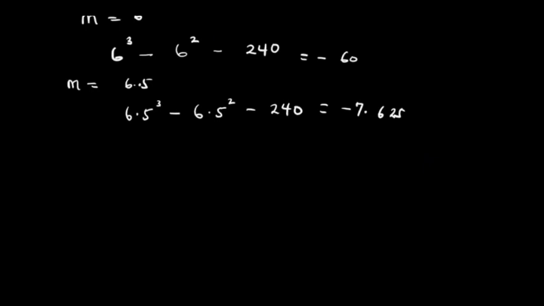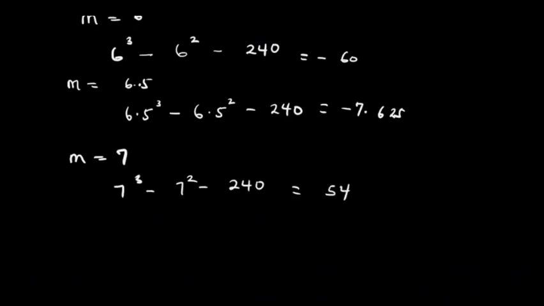Then we'll also take another number, let's say 7, m is equal to 7. Then we have 7 cubed minus 7 squared minus 240. This gives a positive number, 54.